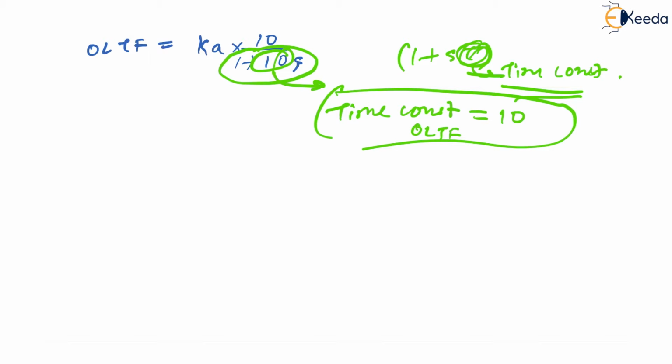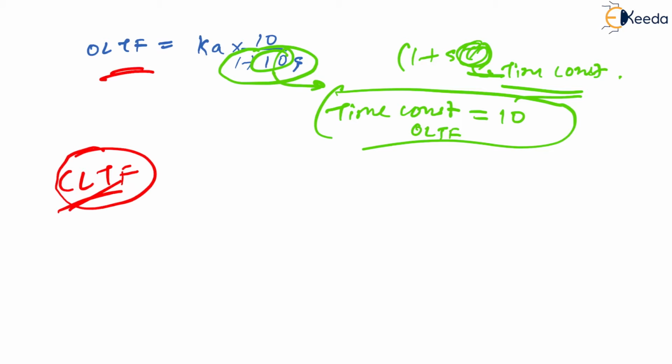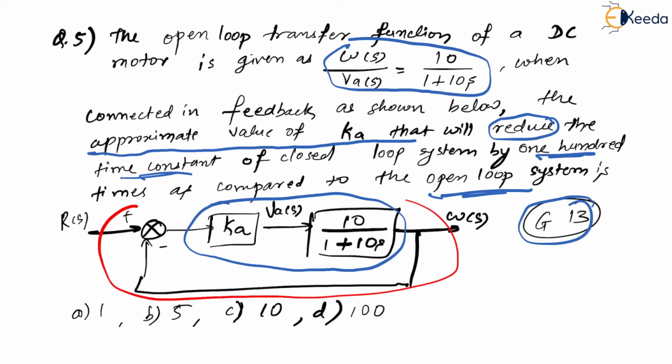Now what is next? For the closed loop transfer function, the time constant they are saying should be reduced, very important, reduced by 100 times.